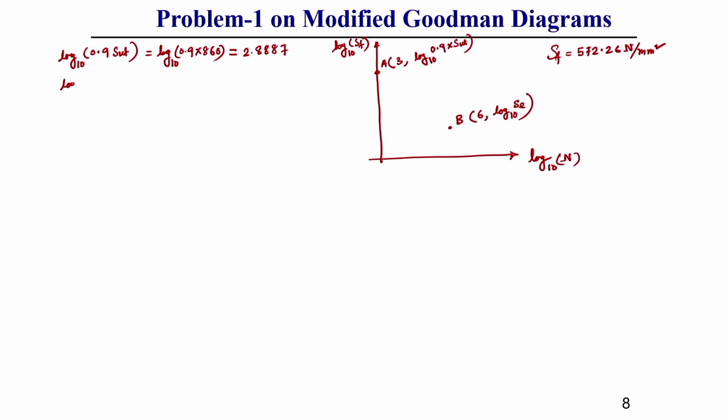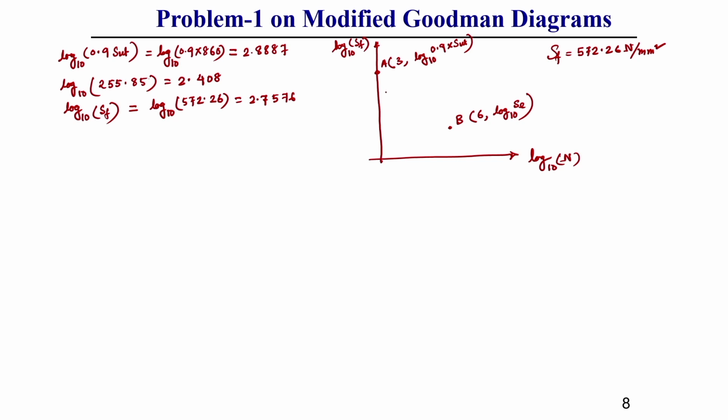Then log10 endurance strength, we know 255.85, this will give us a value of 2.408. And whatever the SF we calculate, log10 SF, this will give us log10 572.26, this will give us a value 2.7576.